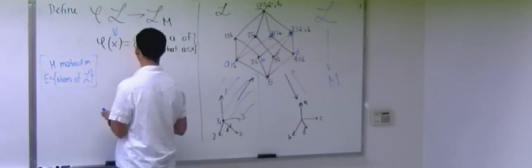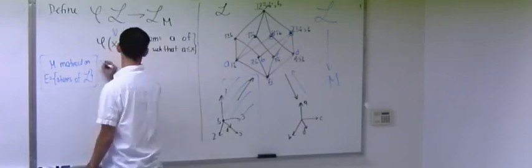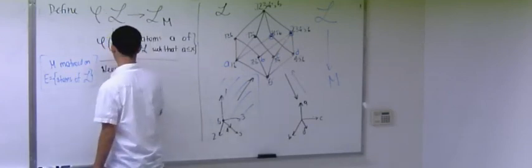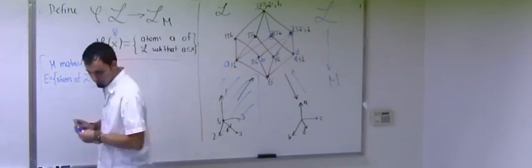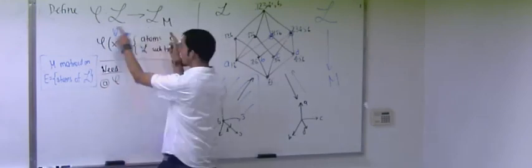I need to check. The first thing I need to check is that phi is actually a bijection between these two guys. You need that for an isomorphism.